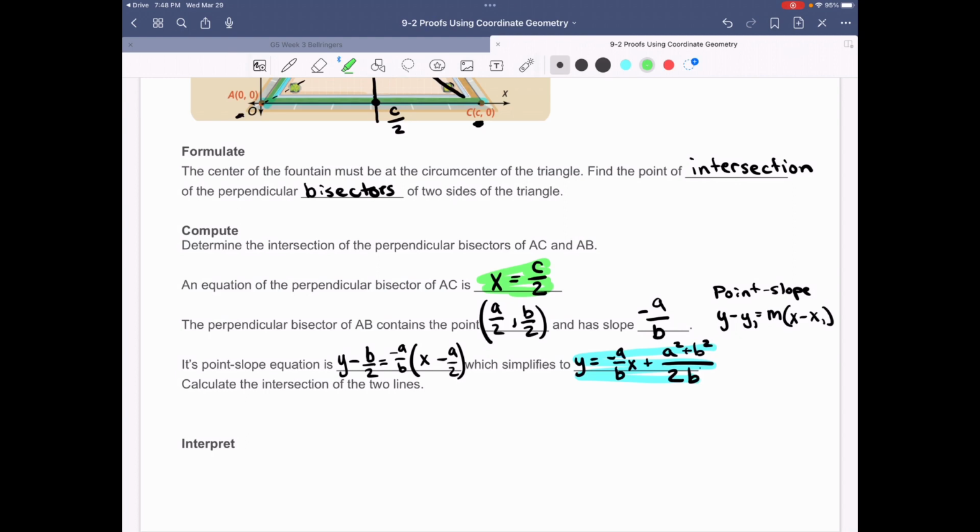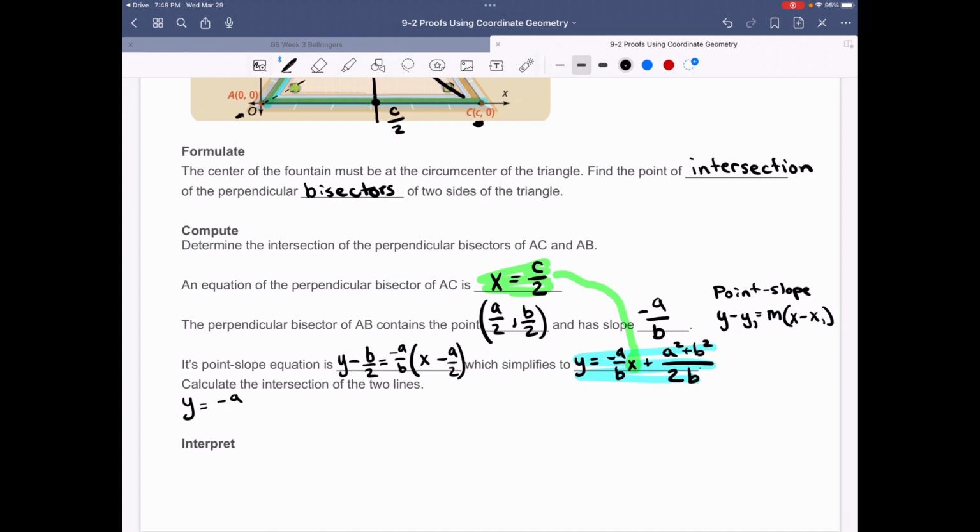And the way that we're going to do that is we're going to plug in x. So if this equation is x, we're going to plug it into this x because it equals x. So this is quite a bit of algebra. As long as you can follow it, I'm happy with that. I wouldn't ask you to create this on your own without notes.